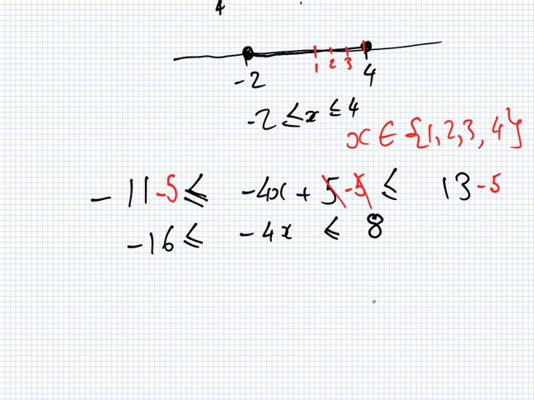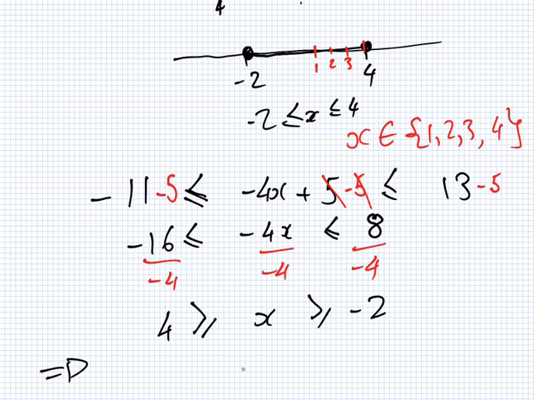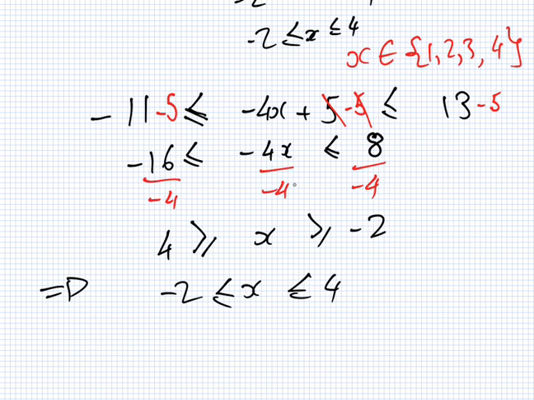Then I divide everything by -4. So now I get 4 bigger than or equal to x, bigger than or equal to -2. In other words, x is between -2 and 4. And again, same thing at the end: we can only use the natural numbers, so we have 1, 2, 3, 4 as the answer. You can see that's a lot quicker to do.